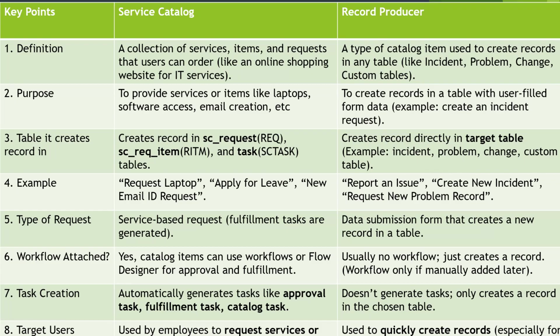It is a collection of services and products users can request, just like an online shopping site inside ServiceNow. It includes hardware, software, HR services, access requests, etc. Coming to the record producer, it is a type of catalog item used to create records in any table.